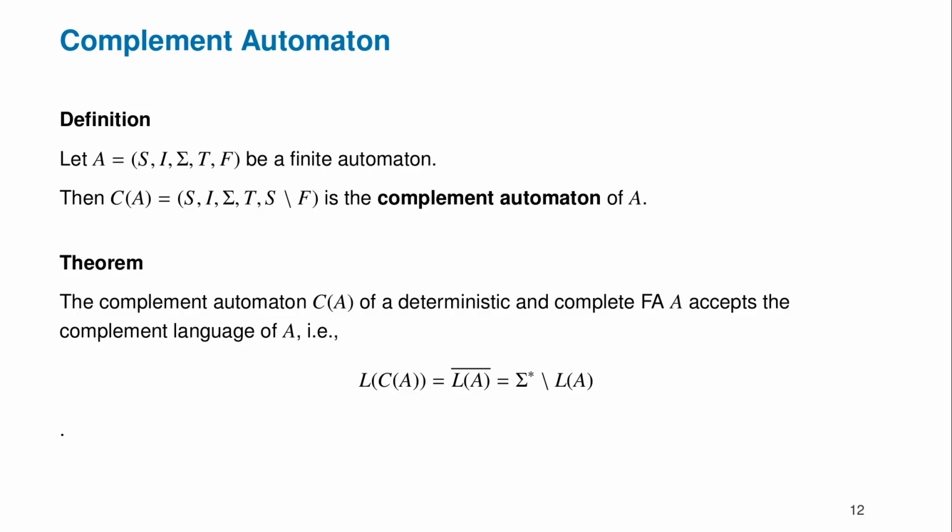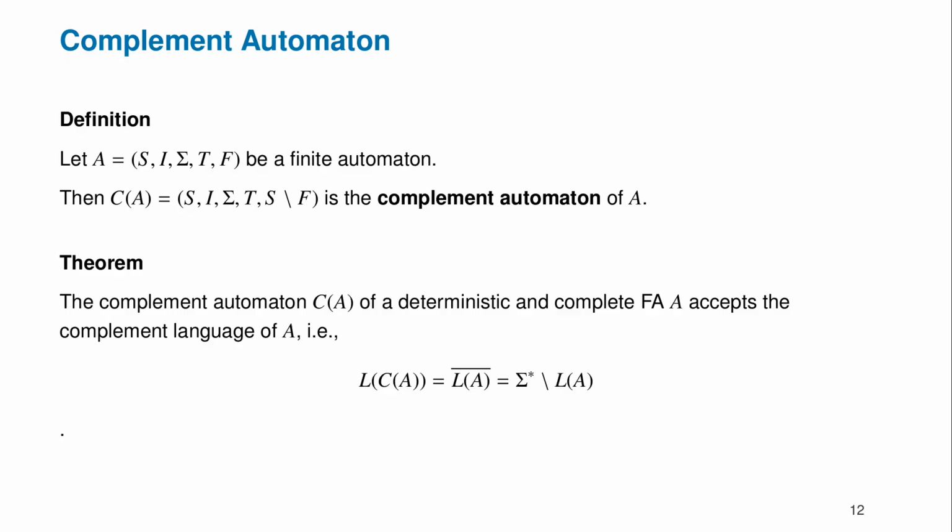The complement automaton CA of a deterministic and complete finite automaton A accepts the complement language of A. Here it's really important that the original automaton is deterministic and complete. If it has these two properties, then we can be sure that if we simply exchange final and non-final states, we obtain an automaton that describes the complement language.